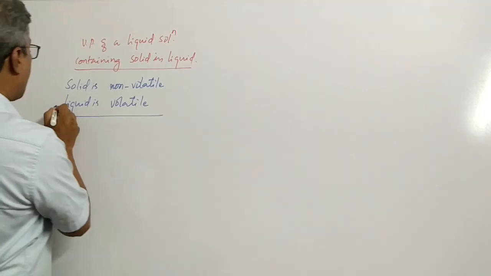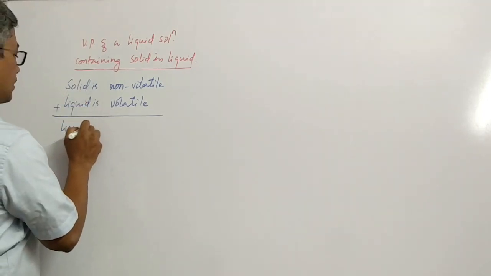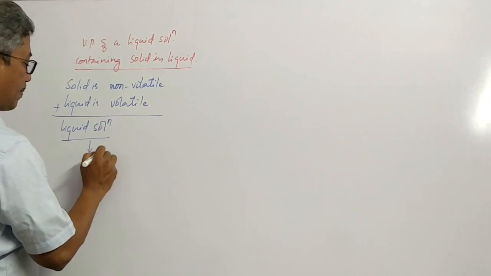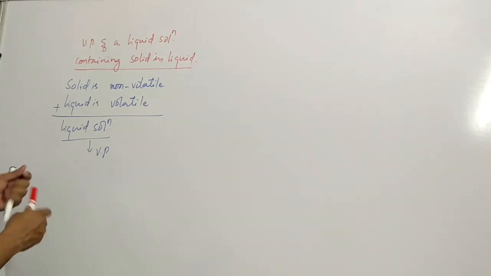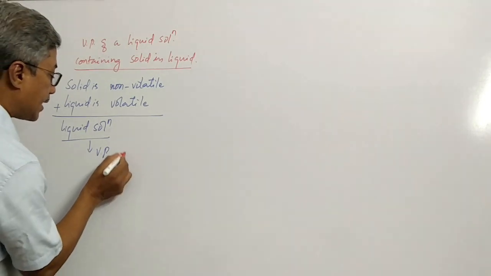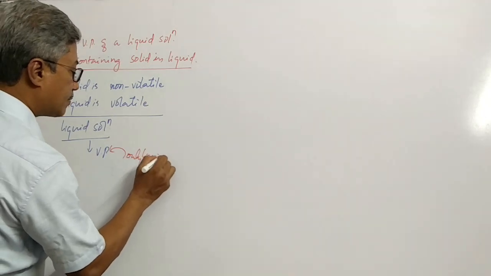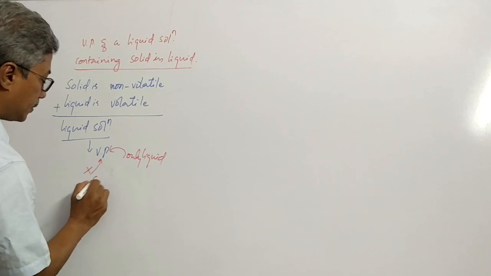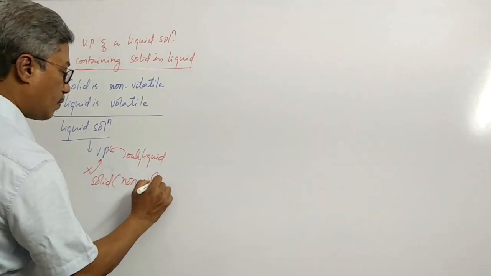That means when we add these two, we will get liquid solution. This solution will have vapor pressure, and this vapor pressure is due to only liquid. Here this vapor pressure is not due to solid because it is non-volatile.